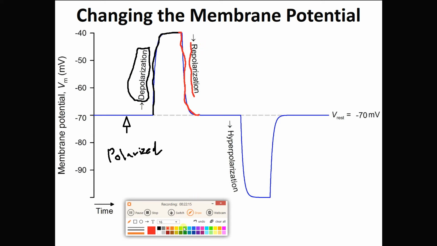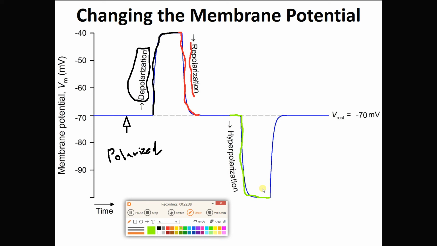Okay, what else can we do? If we keep on going, we're at rest again here, and now the interior of the neuron is getting more negative. Negative 80, negative 90, negative 100, etc. And that is called hyperpolarization, because we now have even more. Hyper means to a greater degree, right? More.